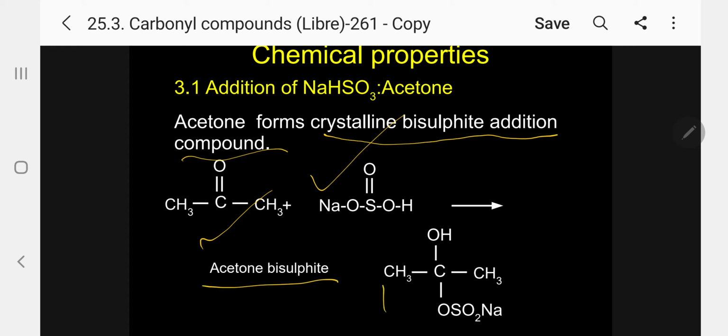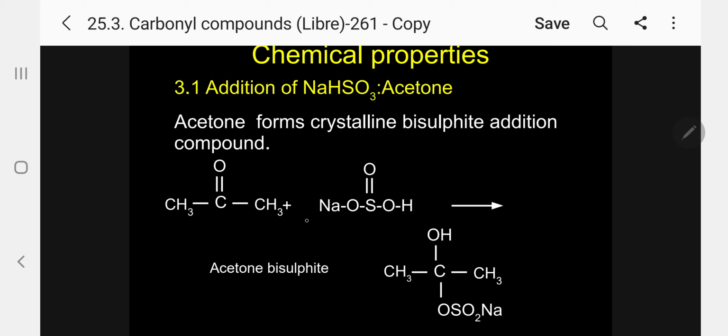Kindly follow. In this case, the OH will automatically be present here. The only difference is that for aldehyde there will be H here, while for ketone an alkyl part will be there. So, acetone bisulfite.